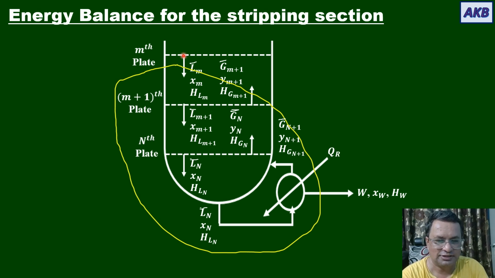So energy is coming into the envelope with this stream, energy is going out of the envelope with this stream, energy is going out of the envelope with this stream, and energy is added to the envelope at this rate. Okay, so with this understanding we are going to take the material balance.